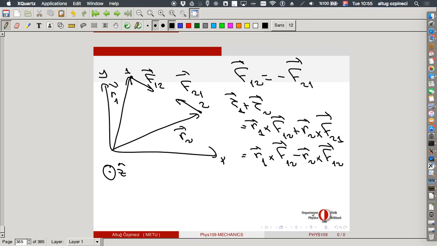Now I use Newton's third law. This is equal to R1 minus R2 cross F12. But R1 minus R2 is nothing but this vector over here, this orange one. So R1 minus R2 is in the direction of F12.